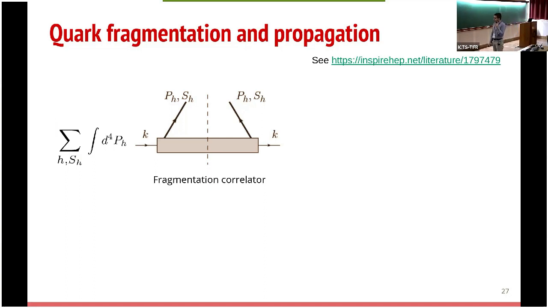Quark propagation works more or less in a similar way. If you imagine a quark which is propagating from point X to point Y, the quark in a sense fragments and excites quarks and gluons from the vacuum, but it can also have hadronic contributions in the virtual states that it produces.